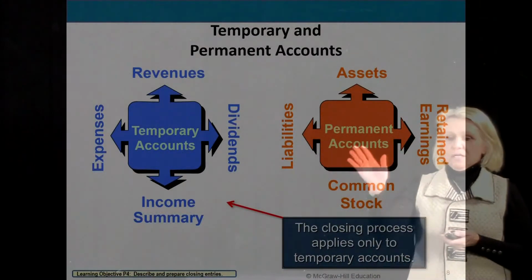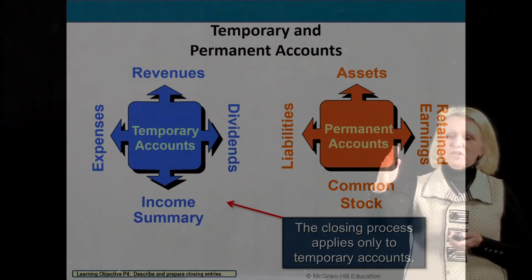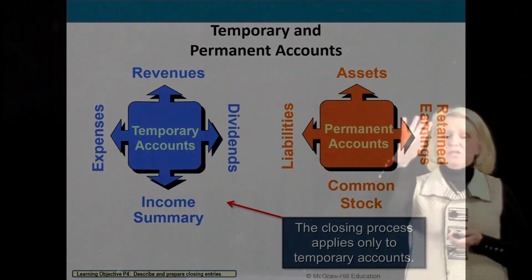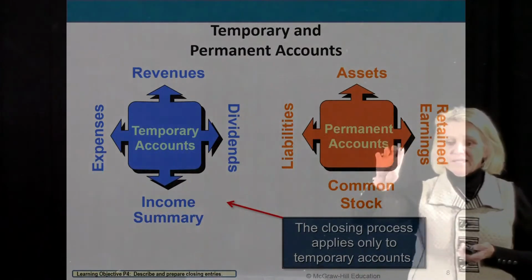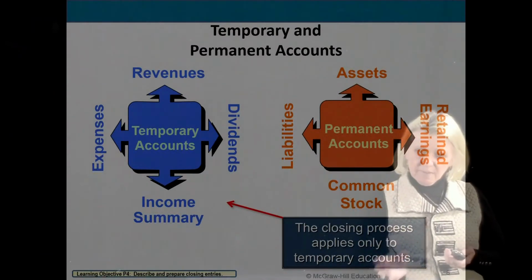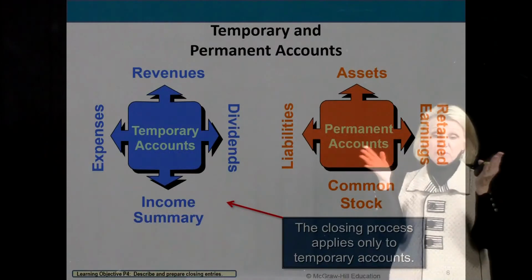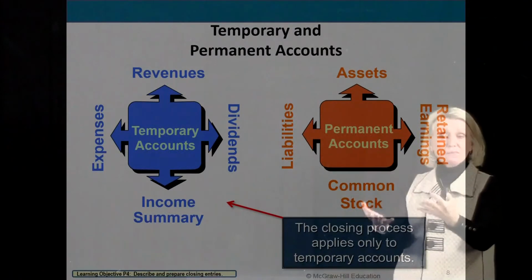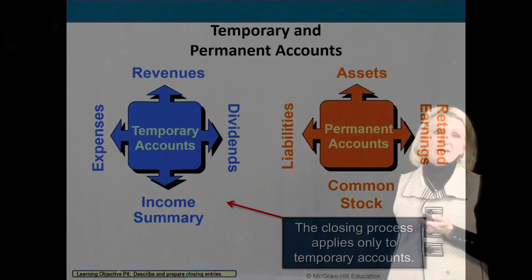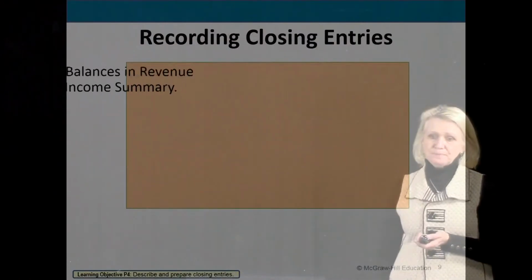All right. So temporary and permanent accounts, we close expenses, revenue, and dividends into a summary account. We don't touch assets, liabilities, and common stock, but after we do the left side, we close the income summary into retained earnings. So income summary is just this account that's open for one day while you're making these adjustments and closing the accounts, and then it is not used again for a whole accounting period until you do it again.